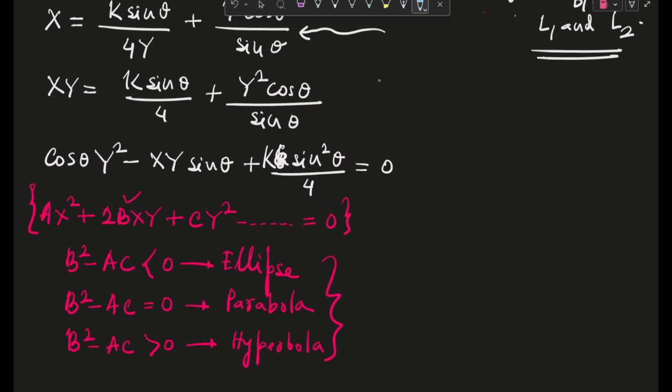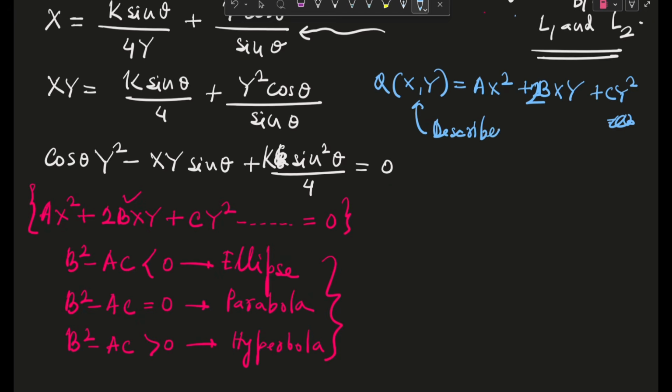So look carefully. If we write this equation, which is Q of x comma y, as ax square plus 2bxy, there is a 2 here, plus cy square. Okay, not equal to 0, just Q of x comma y is equal to this. So this particular thing describes two intersecting straight lines.